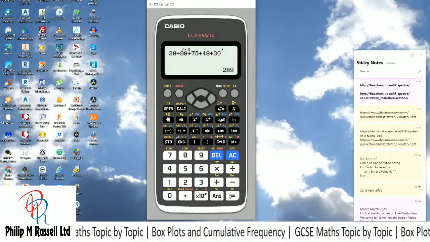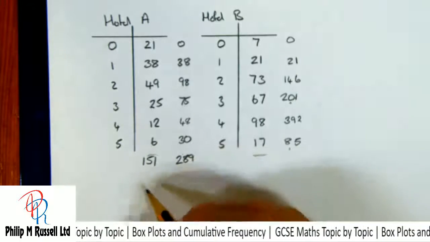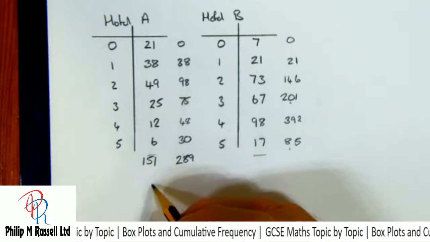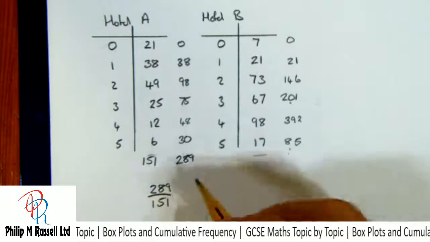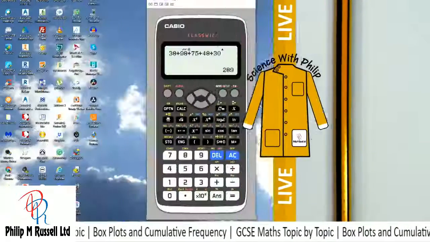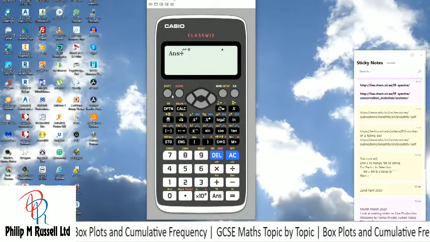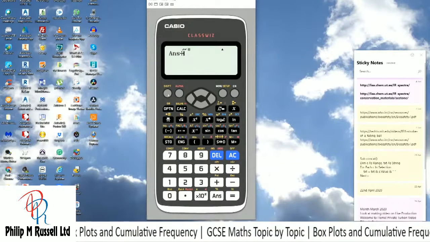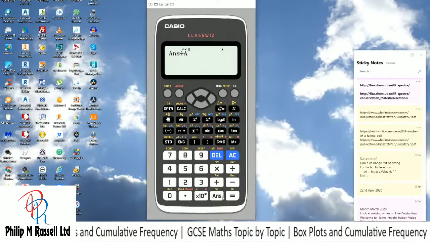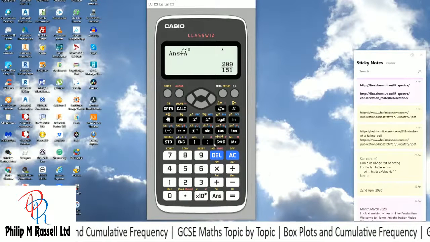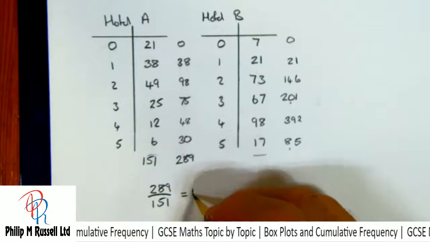And that gives me 289. So our average score here is going to be 289 divided by my 151. Let's do that on the calculator. So that's going to be that number divided by, and I stored it, so let's just recall. So shift, recall A, there's my 151 coming in, and that gives us an average score of 1.91.